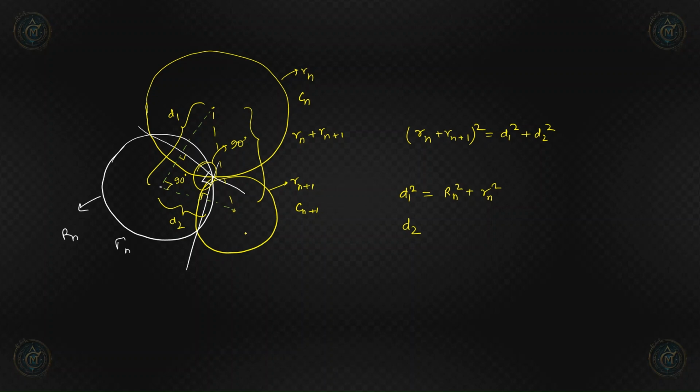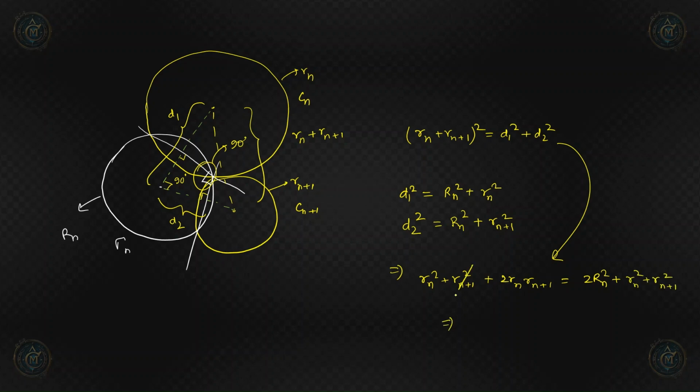are similarly intersecting each other orthogonally. So d2 square must be equal to capital Rn square plus small rn plus 1 square. Okay, so from this equation we get small rn square plus small rn plus 1 square plus 2 small rn small rn plus 1 equal to 2 capital Rn square plus small rn square plus small rn plus 1 square.